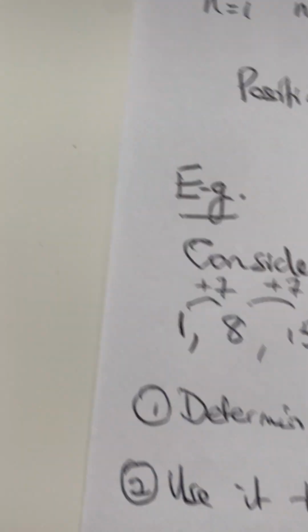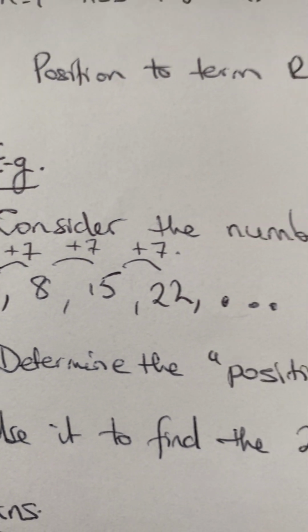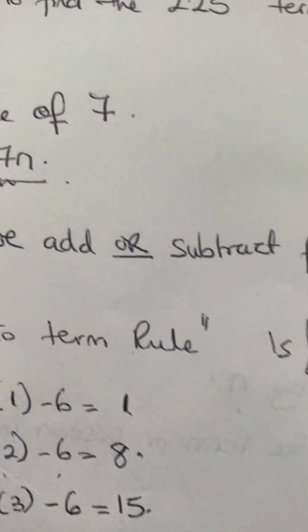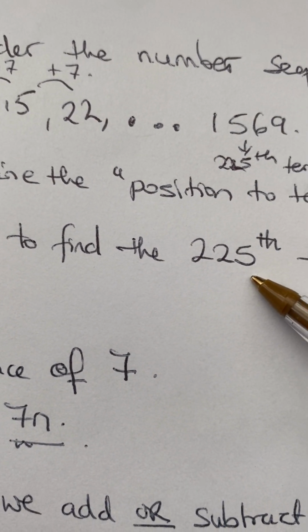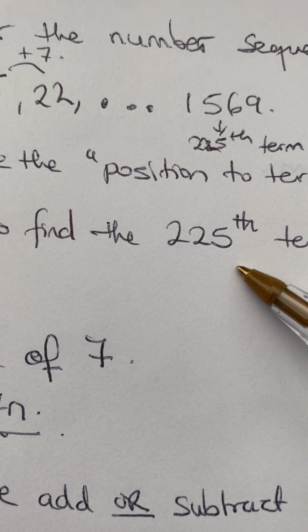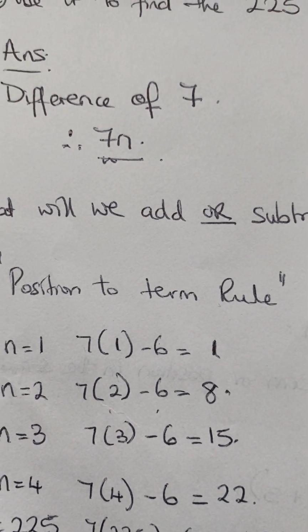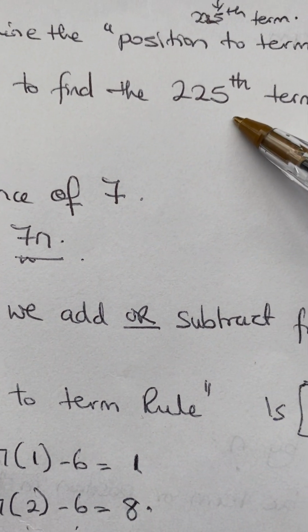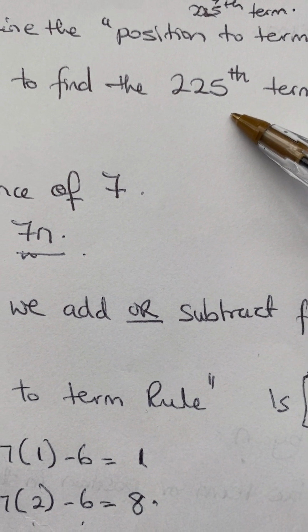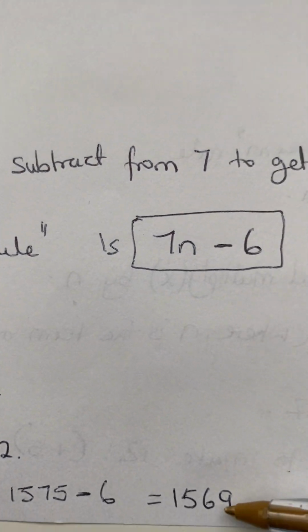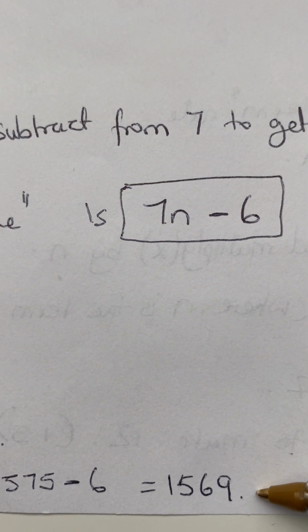If you test it, it's right for all of them. So to find the 225th term, we have 225 times 7 minus 6, which is 1569.